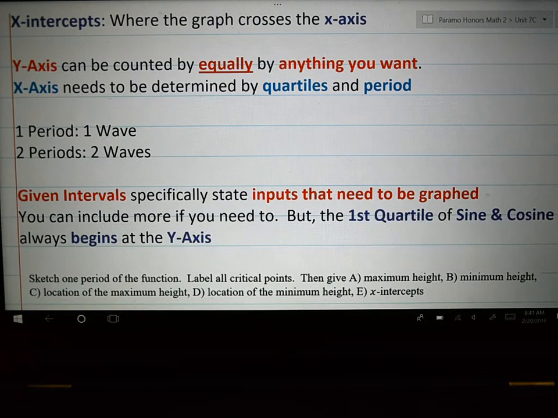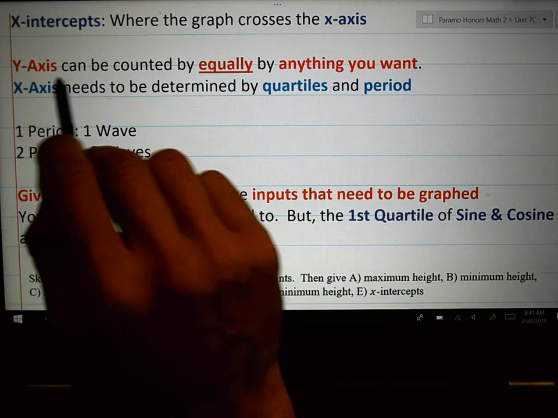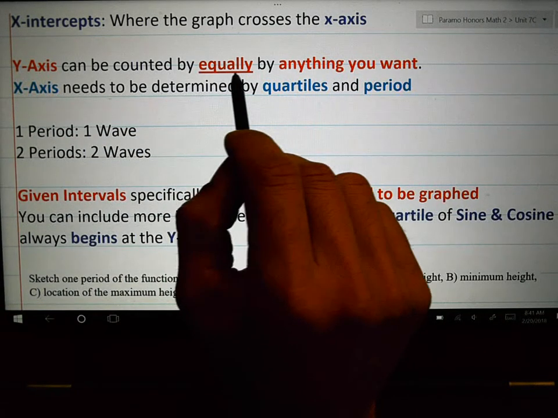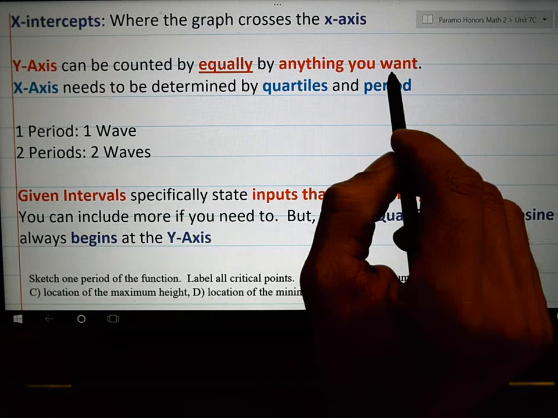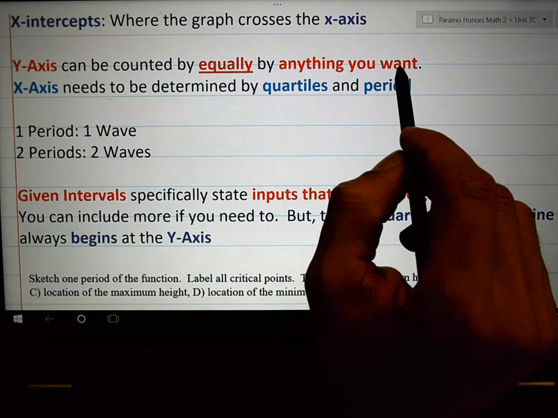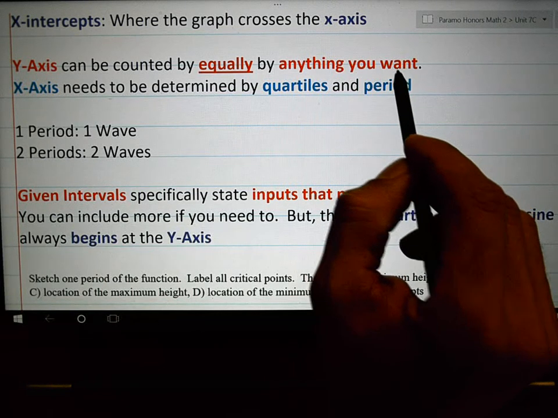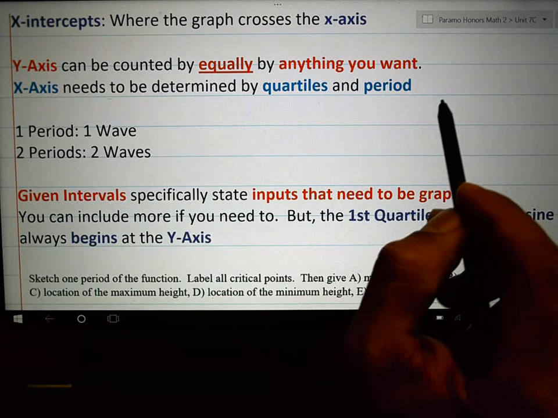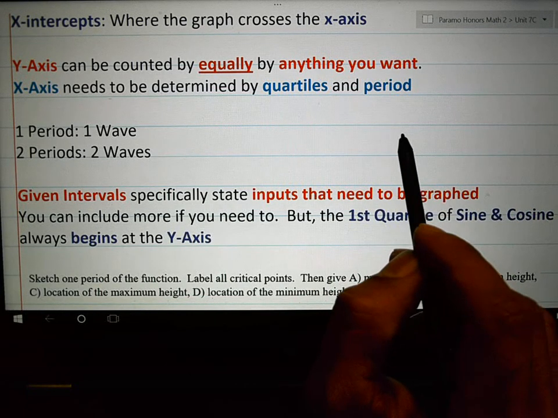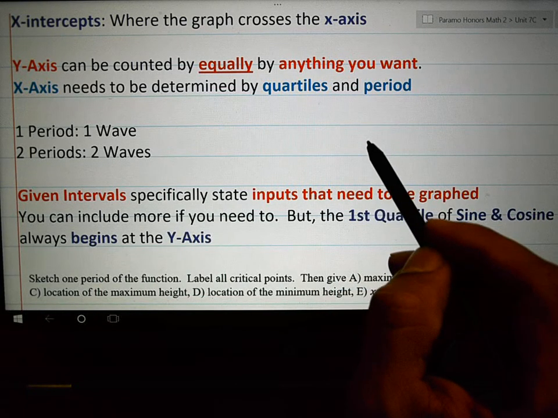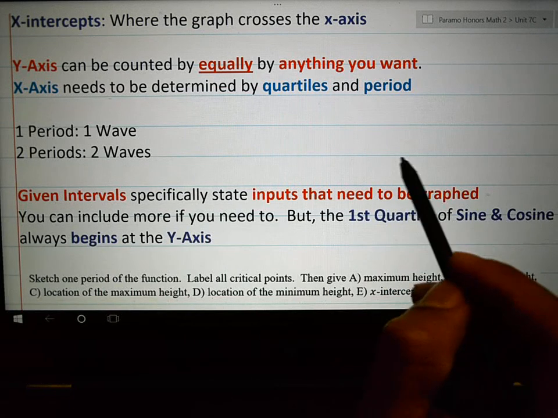And a few hints to you, just as I showed you as we were going over homework. Your y-axis can be counted equally by anything you want. You don't have to go, oh, there's only 3 marks and I need to go 4. The third mark can be a 4 if you want to. You can have the first mark be a 0.5 if you want to.